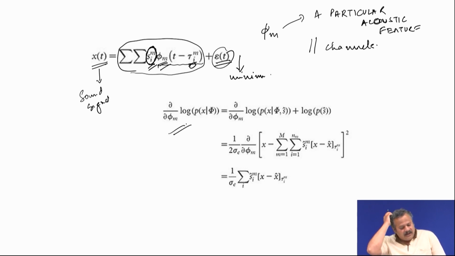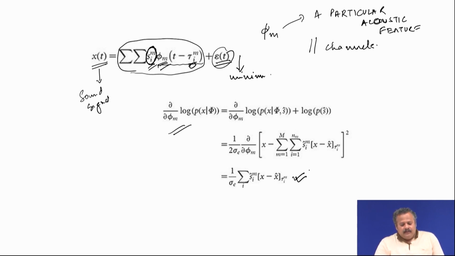The learning process is described here. It is simply a gradient ascent on the log likelihood. If P(x given phi) is the data probability, then they did a gradient ascent for each of the phi m's by taking the derivative of the log likelihood with respect to phi m, and that turns out to be simply this particular expression for a particular kernel m.